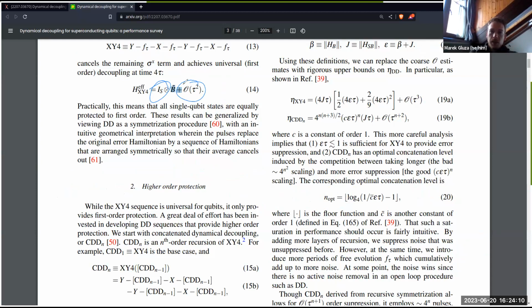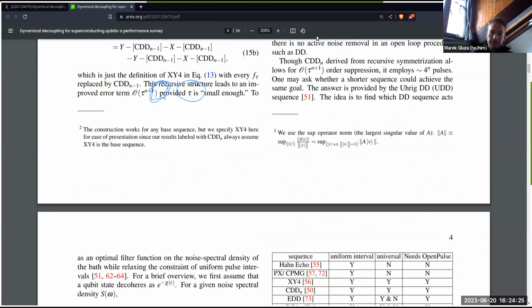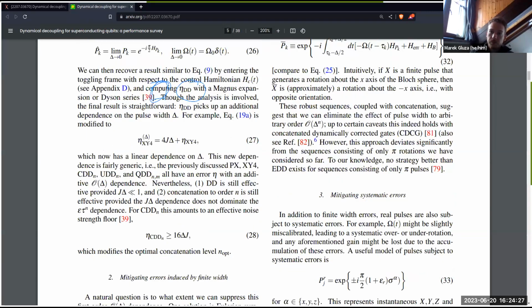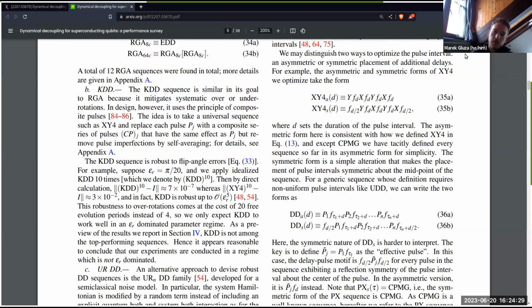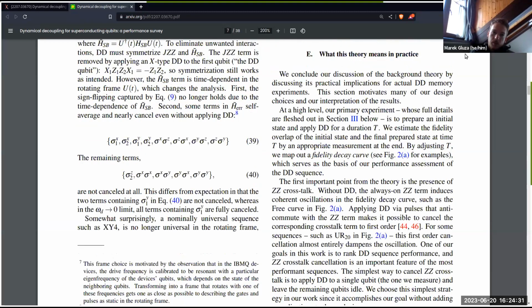Okay, but we had a question in the chat whether those pulses introduce errors, and they do. So you cannot pulse infinitely fast, and there will always be a little bit of this error. But what this paper very nicely shows is that there will be some plots. Let's go to the plots. Methods.